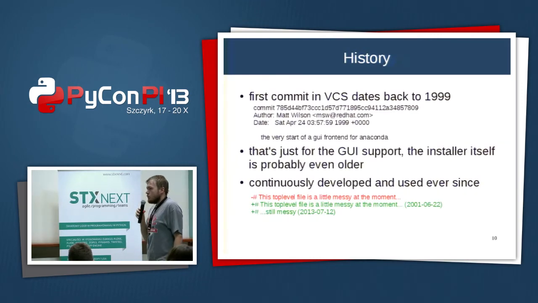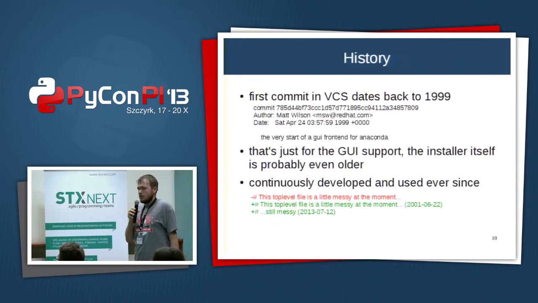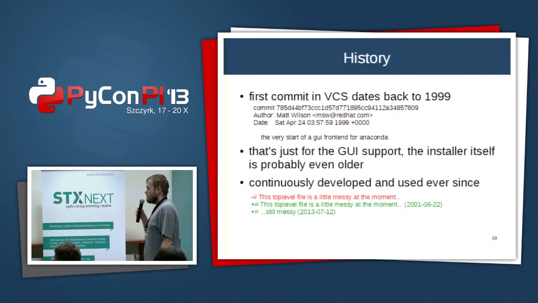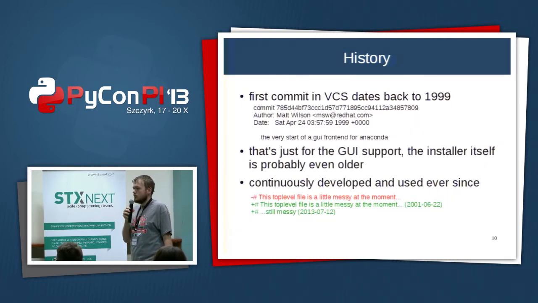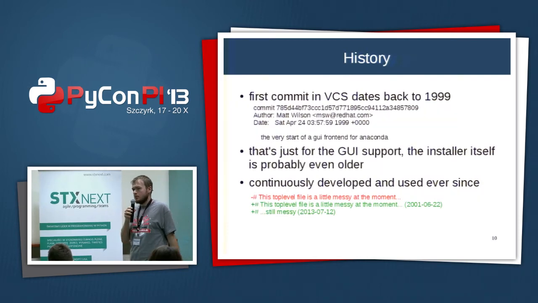And the important thing to know about Anaconda's history is that the project has been developed continuously from 1999 up to this day, and has been used for all Red Hat Linux, Red Hat Enterprise Linux, Fedora Core, and Fedora releases since then, and for any derivatives, because Anaconda is an open source project, and Fedora and Red Hat Enterprise Linux are also open source. So there are some derivatives, and they are of course also using Anaconda, because that's the main installer for the project they are derived from.